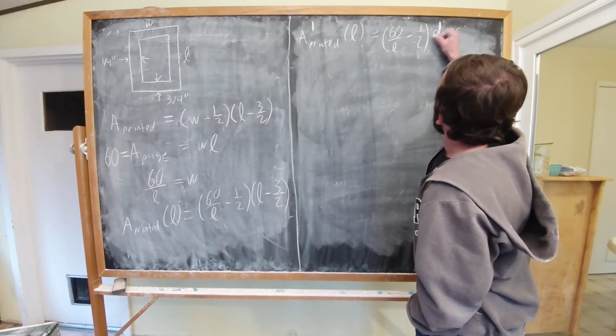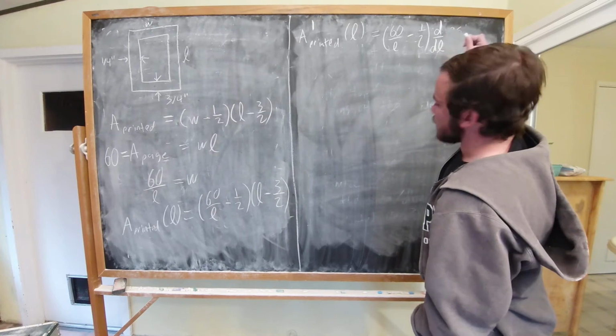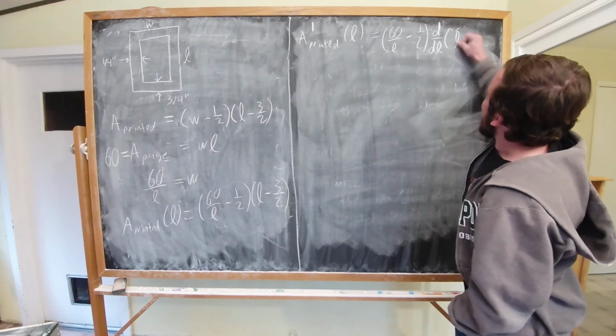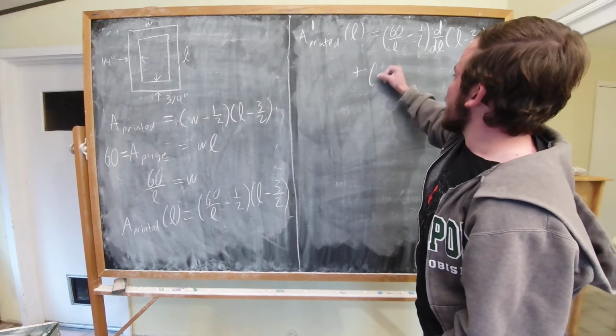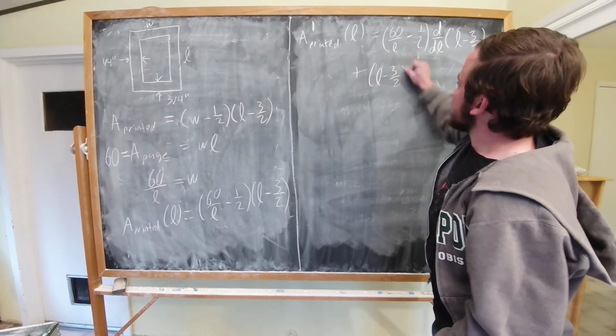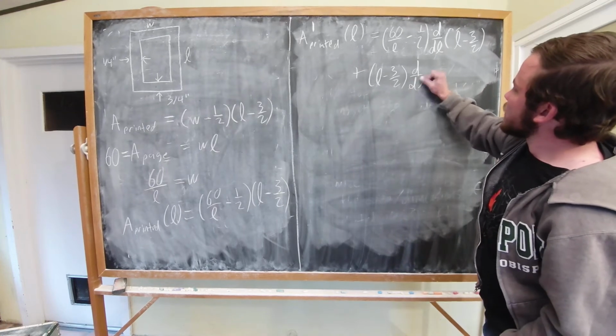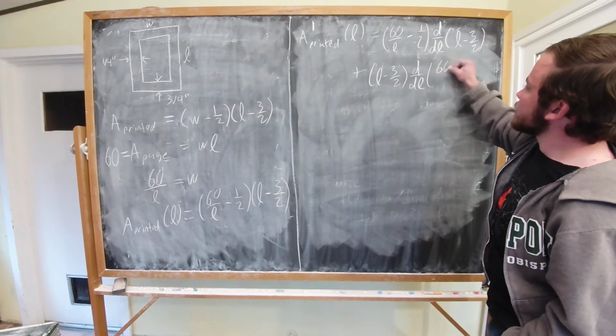So derivative with respect to L of L minus 3/2, plus second times the derivative of the first.